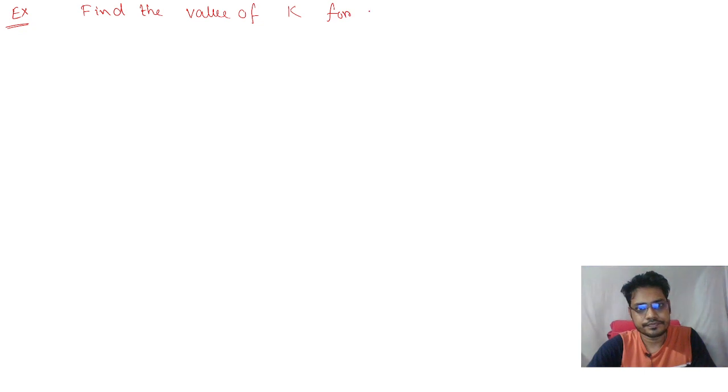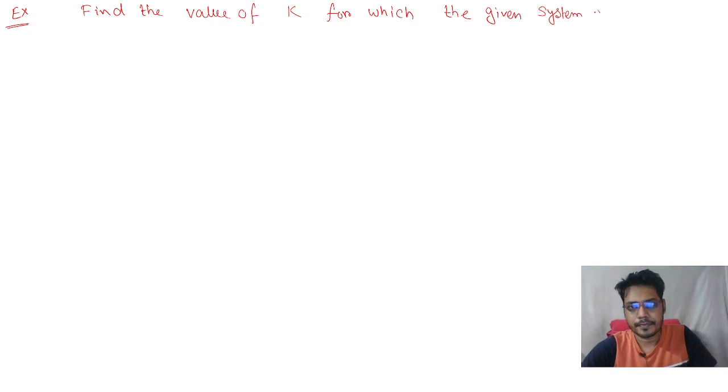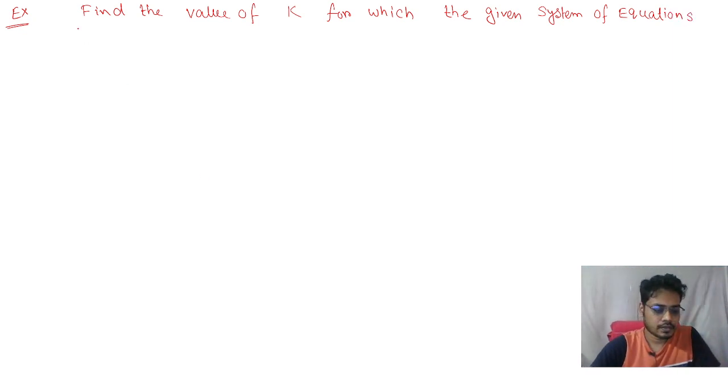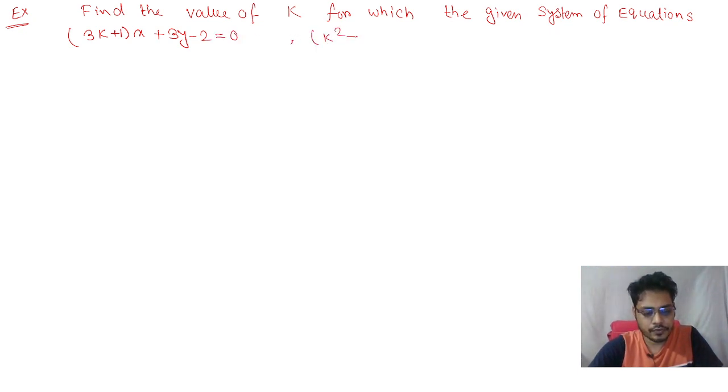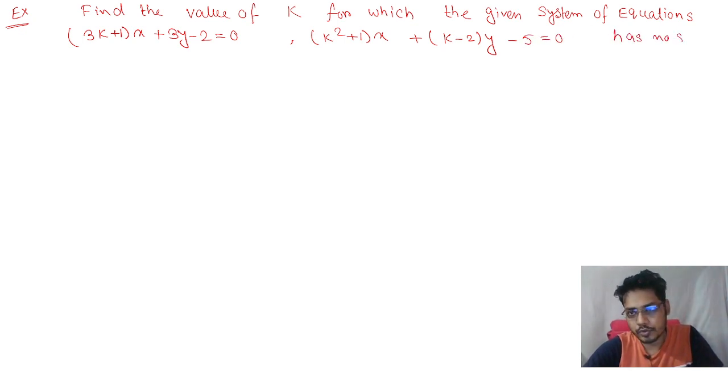Now next one, find the value of k for which the given system of equations, 3k plus 1 into x plus 3y minus 2 is equal to 0, and k square plus 1 into x plus k minus 2 into y minus 5 is equal to 0, has no solution.